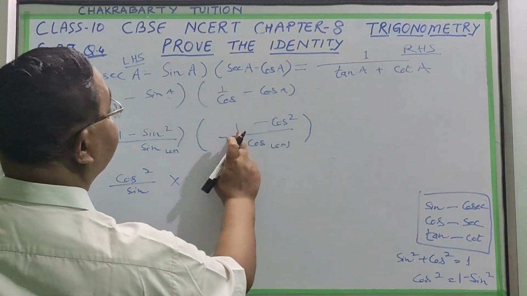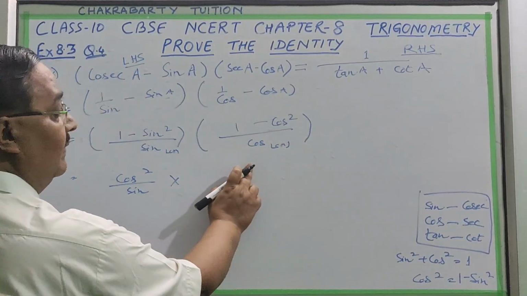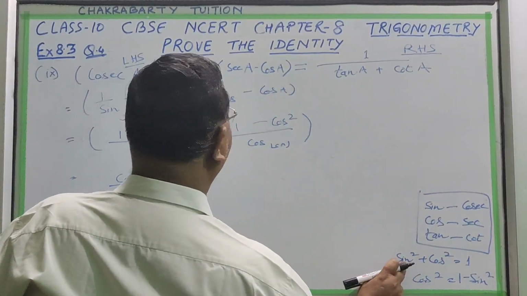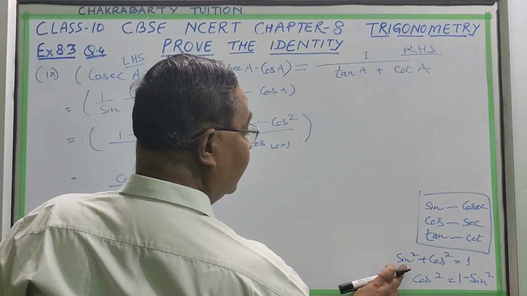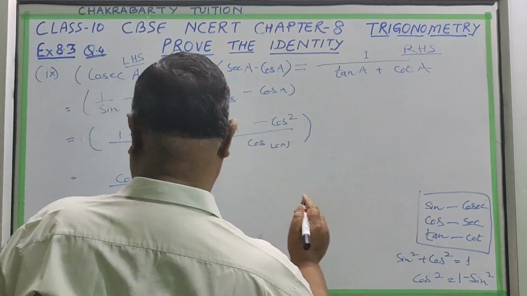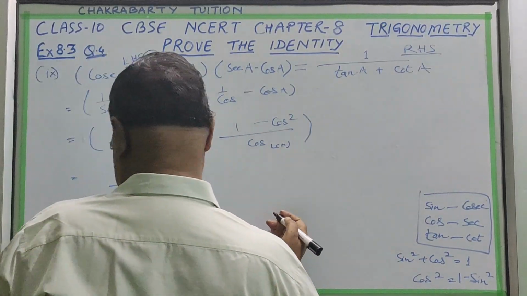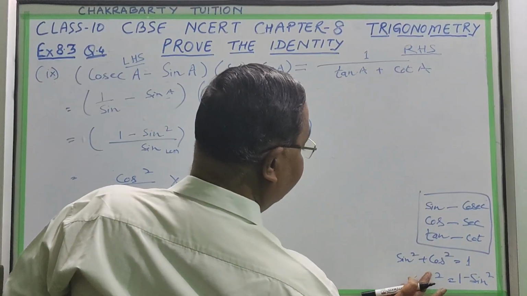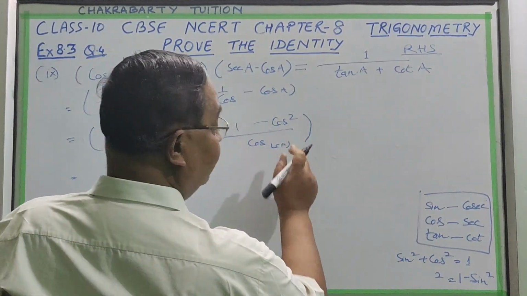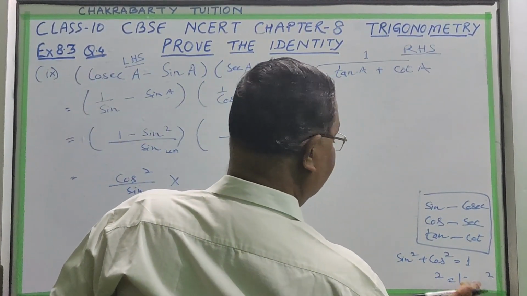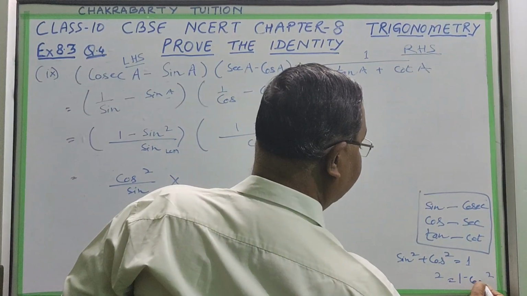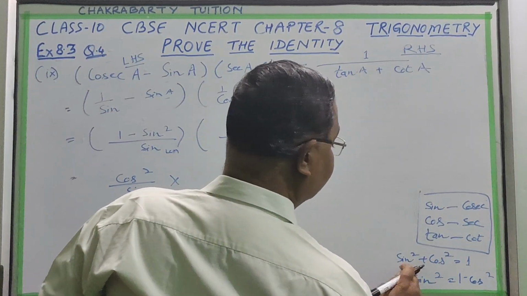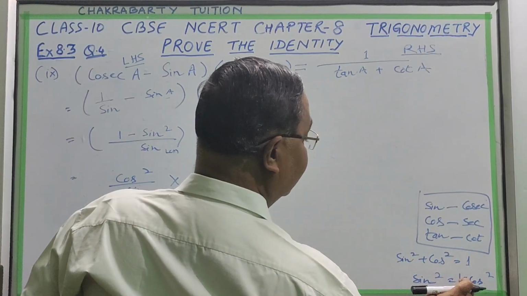Multiplied by here, 1 minus cos square, we want 1 minus cos square, so it will again become sine square. Now this I am removing. Suppose we want 1 minus cos square, so this will go to this side, 1 upon cos. So what will remain here? Sine square equal to 1 minus cos square.